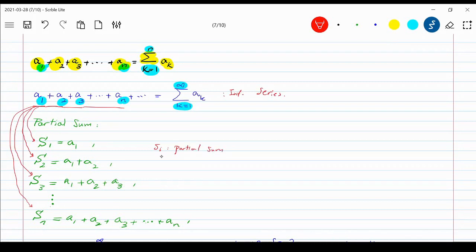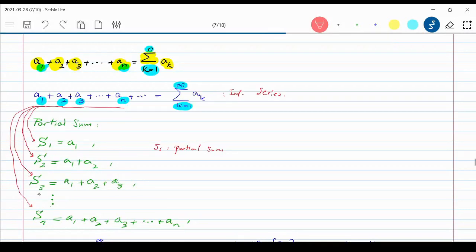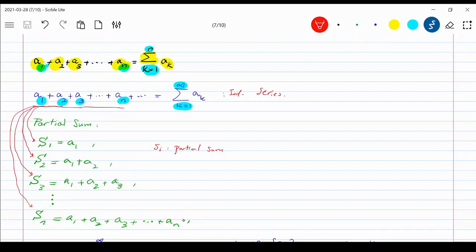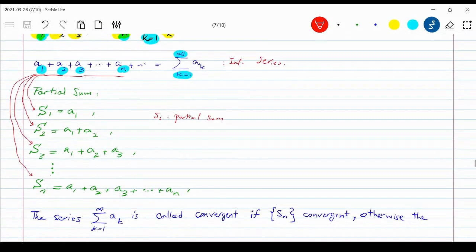So S_i represents the partial sum of the first i terms of the sequence. So a_1 to a_i, or in this case from S_1 to S_n, represents the sum of the first n terms of the sequence. And if we look at these S_i, I can write S_n, starting from 1 to infinity.